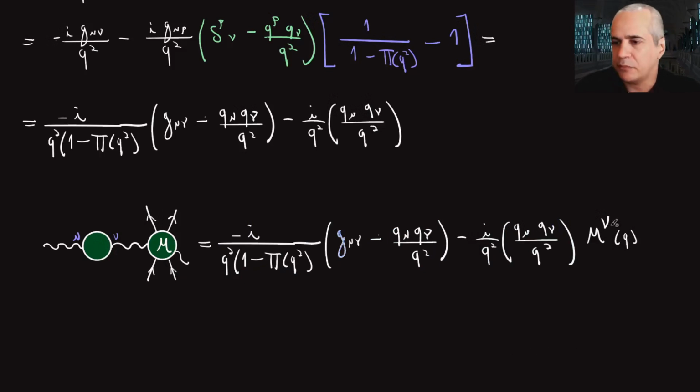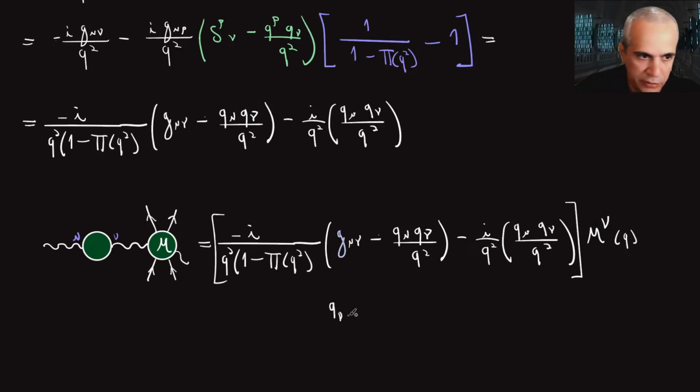Again, I'm doing that separation where I have the full propagator here and the rest of the diagram. But we know that q nu M nu is 0. So there's a lot of structure in this propagator. I missed a parenthesis here.